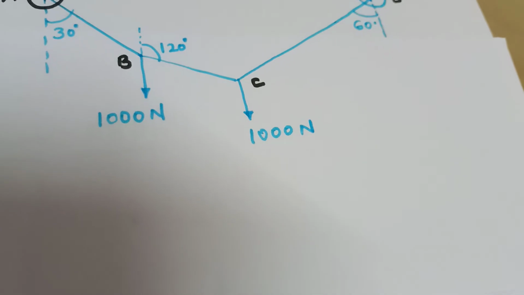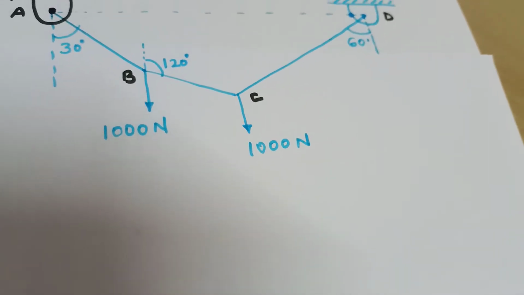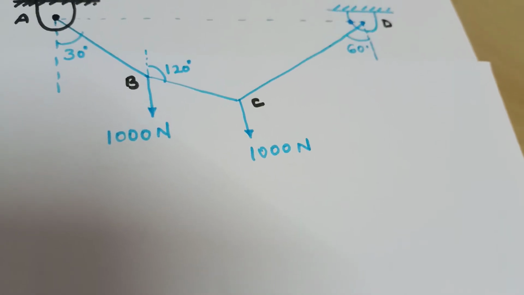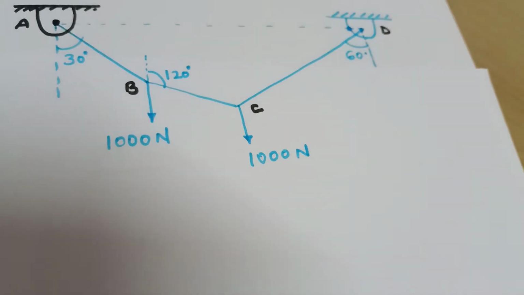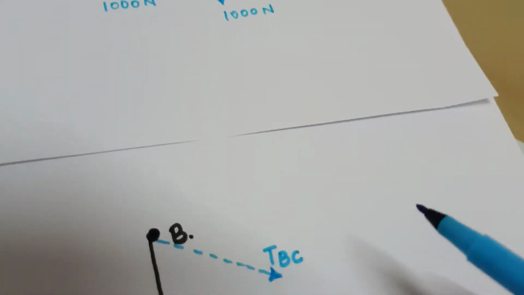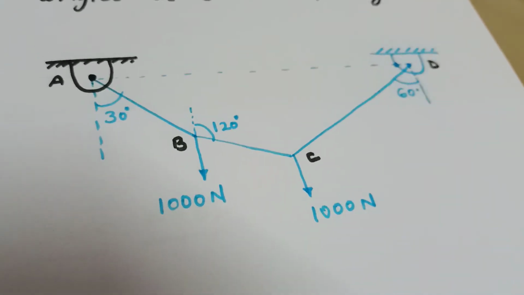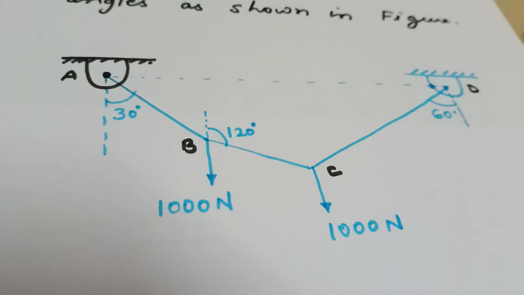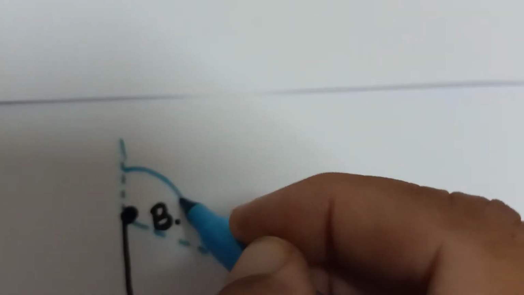So we can show this as string BC and we are assuming that it is subjected to tension. So we are writing TBC, tension in the string BC. Now we can see that with vertical it is inclined at an angle of 120. So we can show that this inclination is 120 degree.